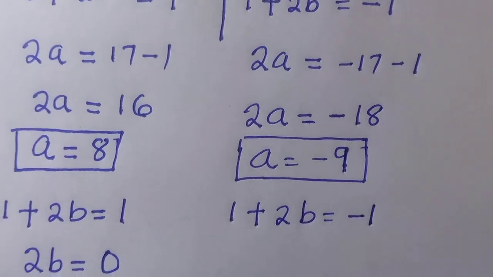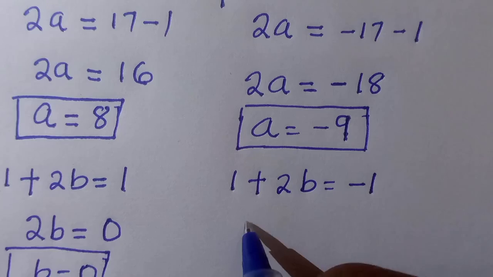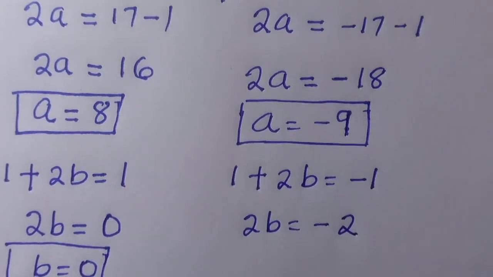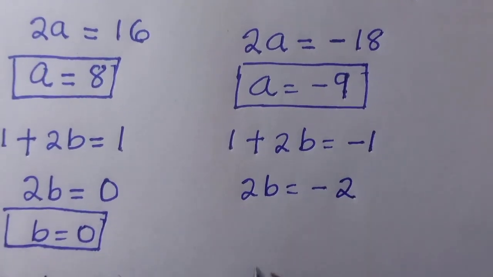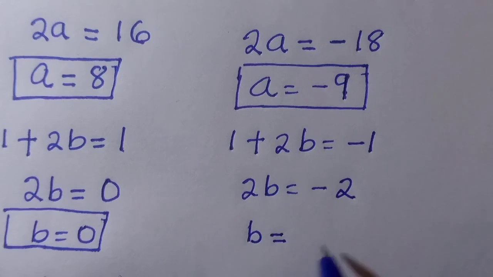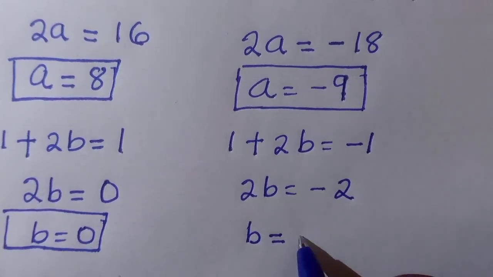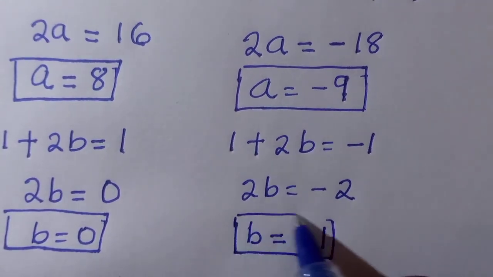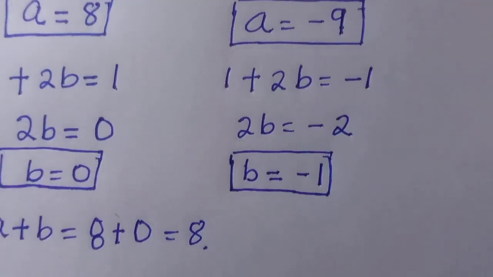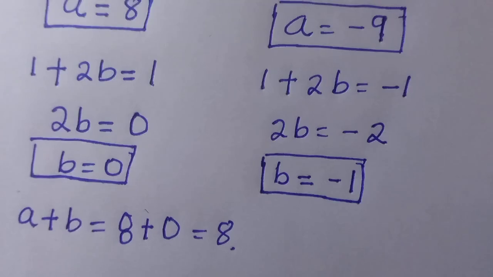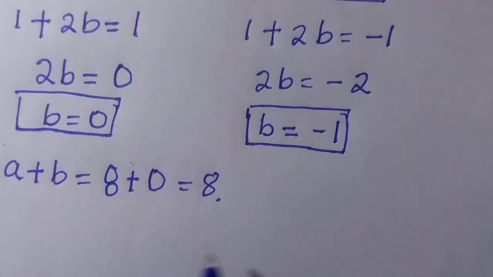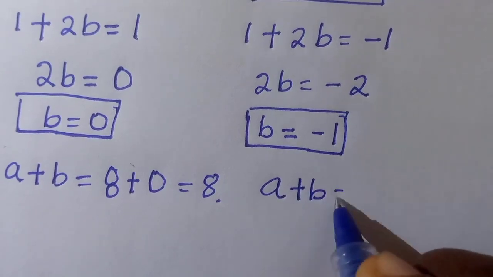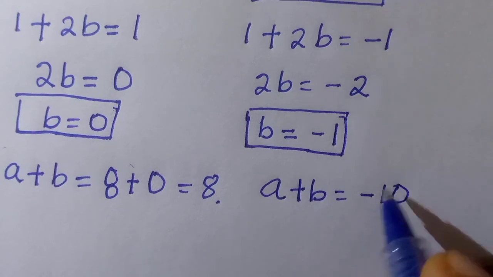Transferring 1 to the right-hand side, 2b equals minus 2, so b equals minus 1, which shows that b is greater than a. Adding a and b together, a plus b equals minus 10.